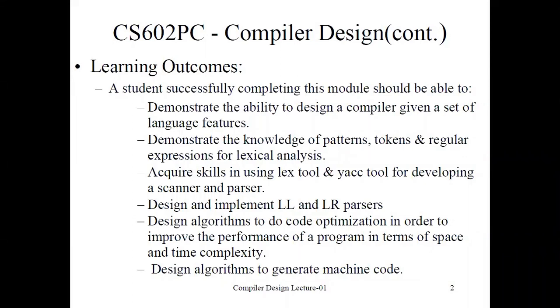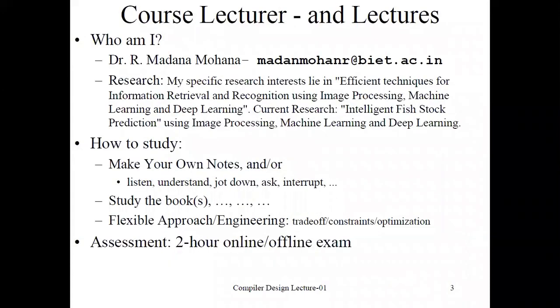Whatever the 6 phases we are going to cover, the same can be practically demonstrated using programming languages like C, C++, Java. You may use any programming language. So that's why we can achieve the following learning outcomes after successfully completing this course.